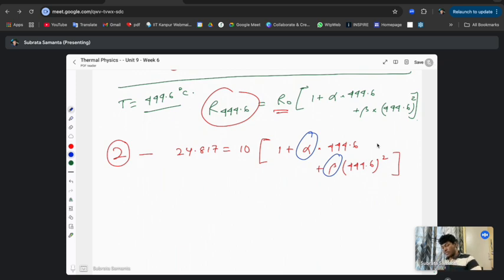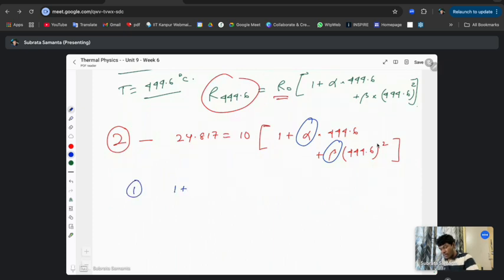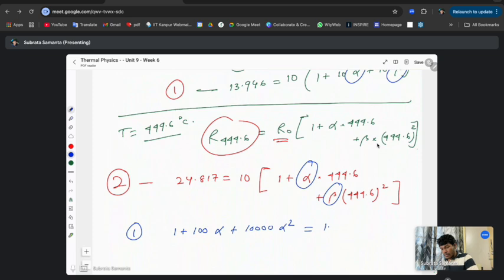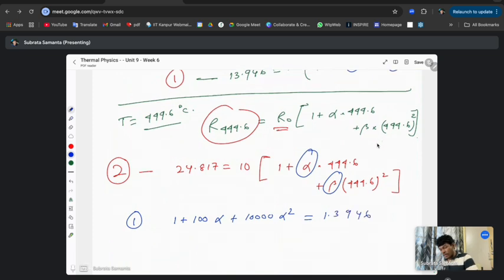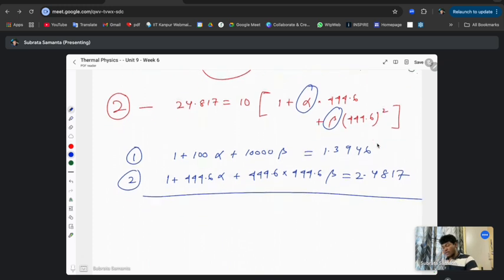Solving these equations is very simple. Equation 1 is 1 plus 100 alpha plus 10 to the power 4 beta equals 1.3946, and the second is 1 plus 444.6 alpha plus 444.6 squared beta equals 2.4817.